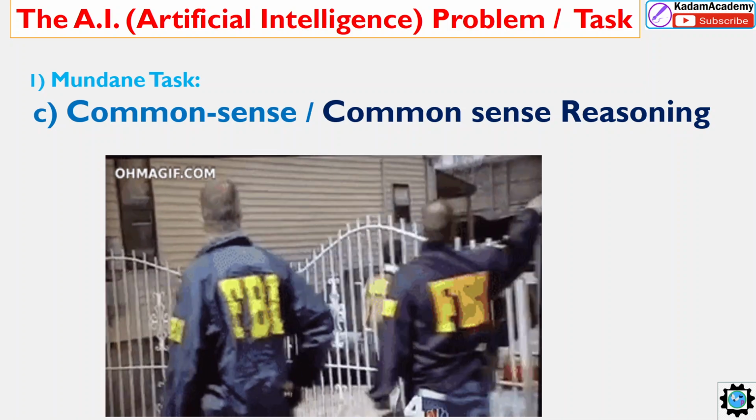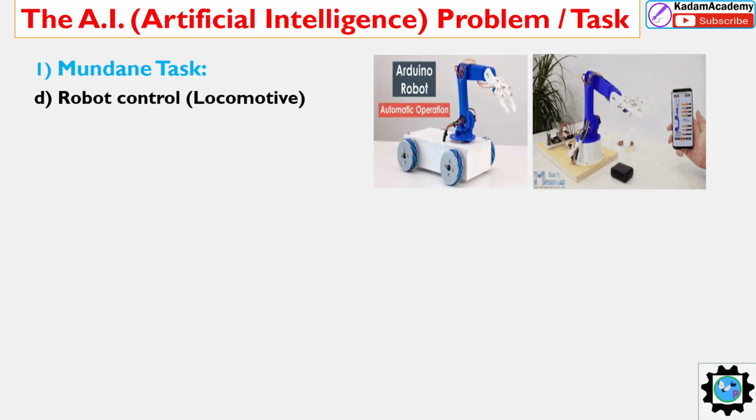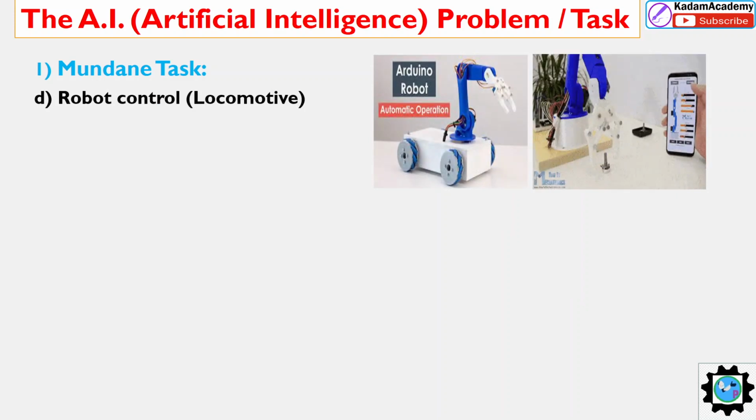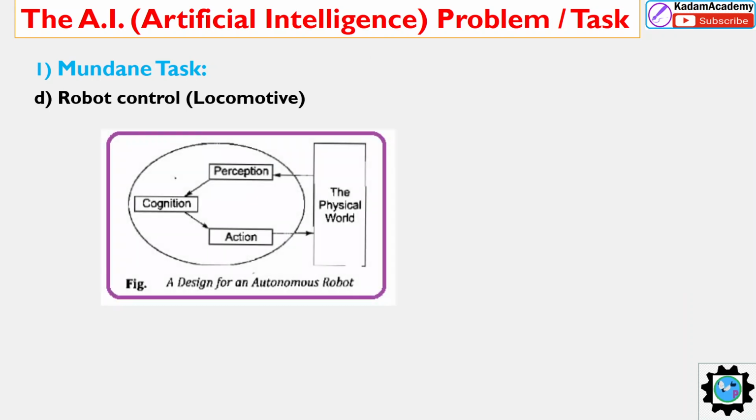Next is robot control and locomotion. See, friends, to build a robot that lives in the world, we must understand the process shown in this figure. Look at this figure very carefully for designing an autonomous robot. Here is the circle, cognition, and after this perception and action, but these are connected with the physical world.